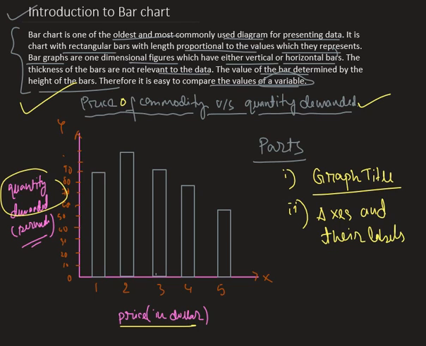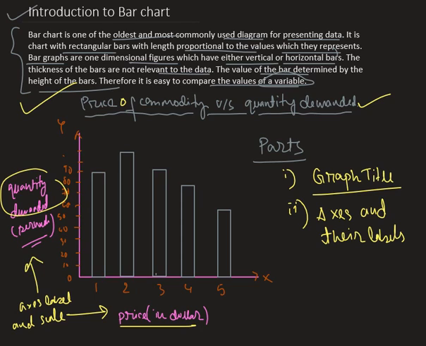One axis represents the data groups while the other represents the amount or frequencies of the data groups. Here axis labels and their scales are these two. That is the price and quantity demanded.